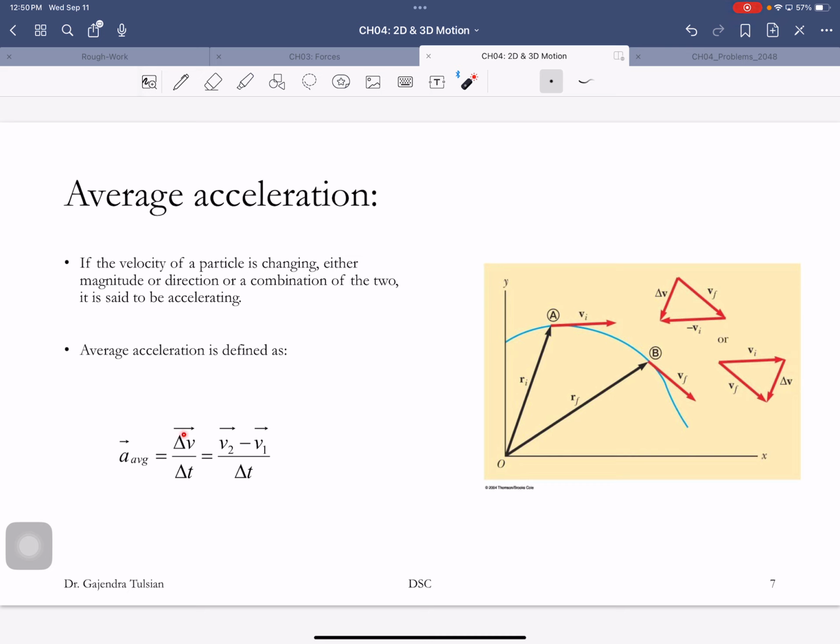So between those two instants, the acceleration is pointing in this direction, the direction the velocity is changing. Acceleration is change in velocity divided by the time over which that change happened. If the velocity does not change, acceleration is 0.